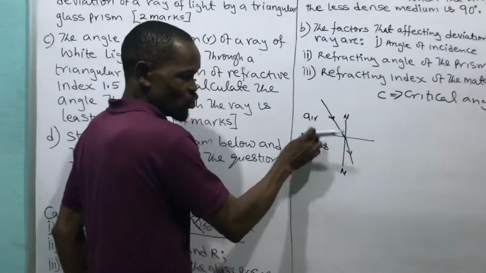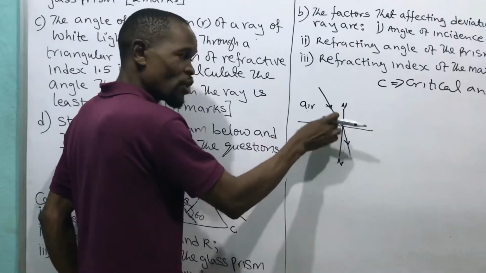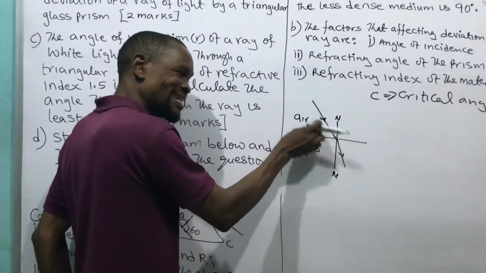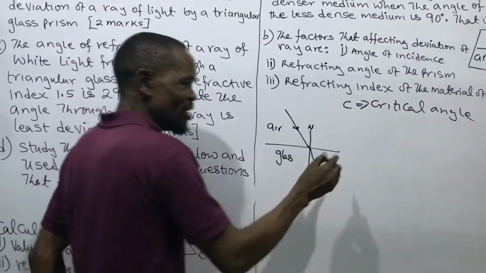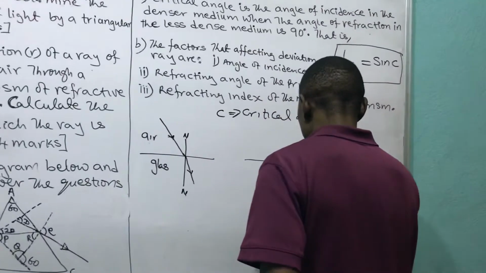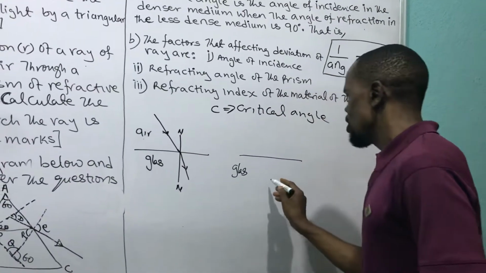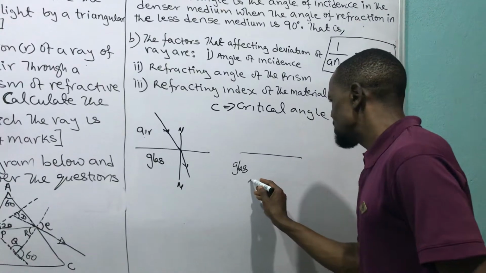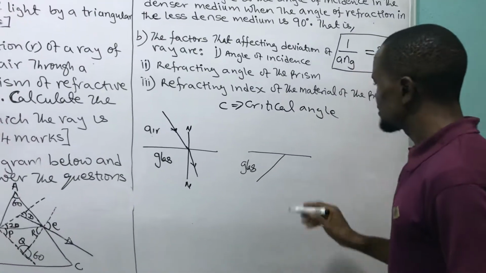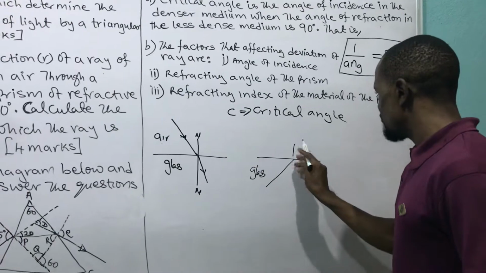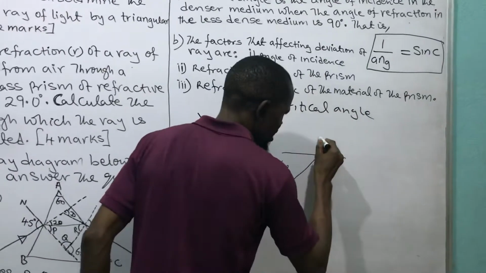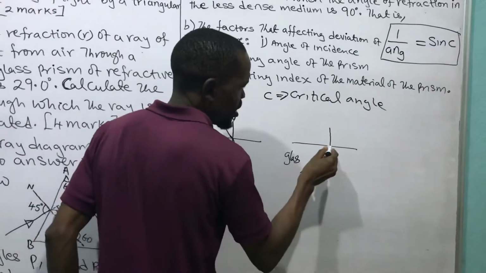It will come closer to the normal, because I'm from less dense entering the denser medium. Then what if I have a glass here, moving from this glass, entering the air, I have my normal, what will happen?